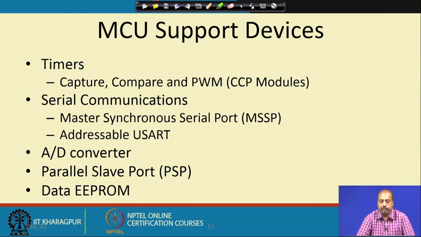Then there are serial communications, done by the master synchronous serial port, MSSP, which is for synchronous communication, and the USART, the universal synchronous asynchronous receiver transmitter, which is normally for asynchronous transmission. Then we can have AD converters, parallel slave ports or PSPs, or the data EEPROM.